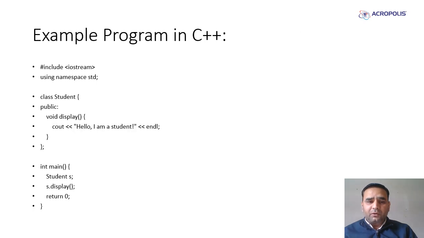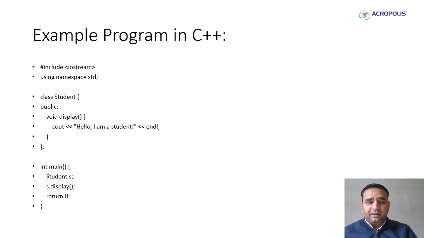This is a sample program written in C++. Here we have created a class that has a public function called display, and it prints hello, I am a student at the console. Here we have to use cout that is defined in the iostream header file, so we include the iostream header file, that is input output stream.